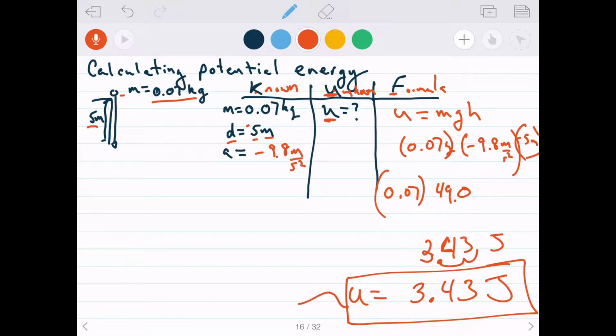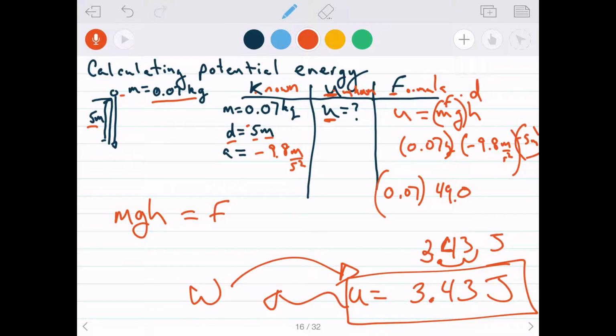Now I want you to notice that once we actually let it go, it will do work of the same value. Okay? But for now, and here's the other hint, mass times gravity is the force due to weight. Height is the distance it's going to travel. So before it drops, mgh, potential energy.